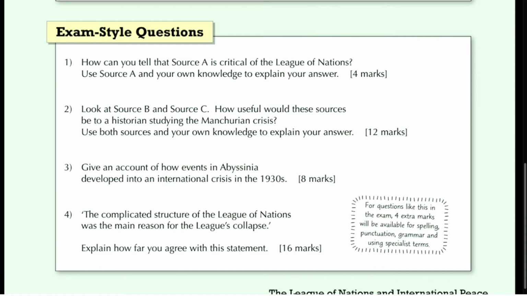Question 2: look at source B and source C. How useful, how important would these sources be to a historian, maybe a history student, studying the Manchurian crisis? So use the same way of thinking, right? Imagine that you were a student studying the Manchurian crisis, and you have access to source B and C. How would it help you?